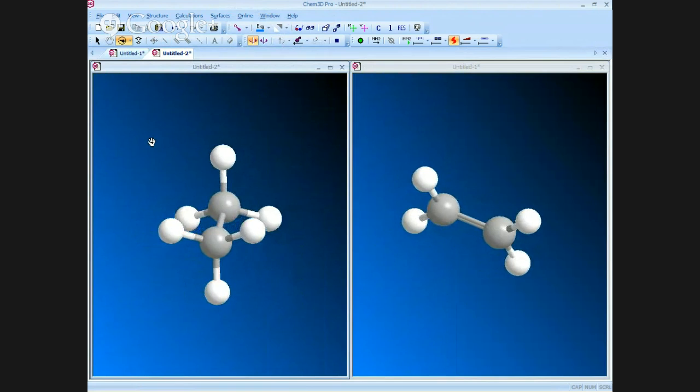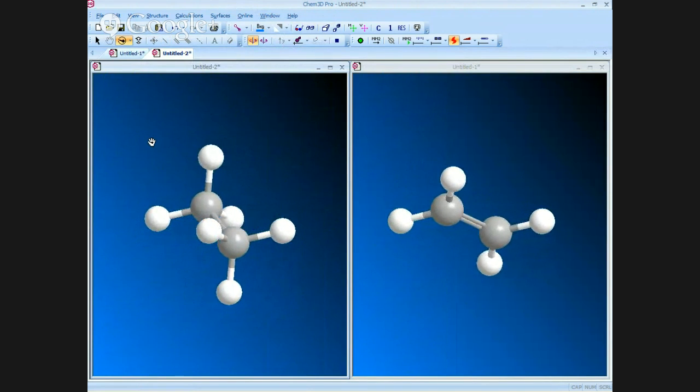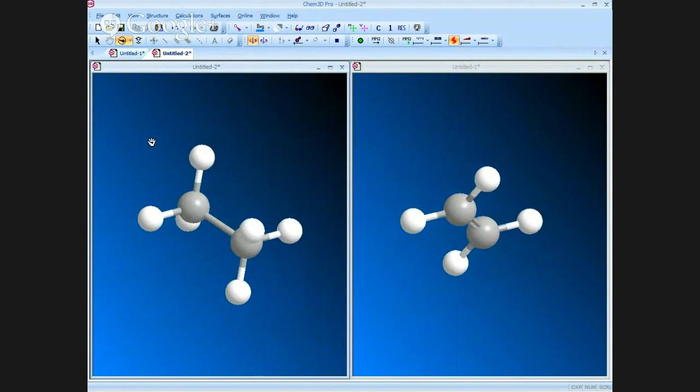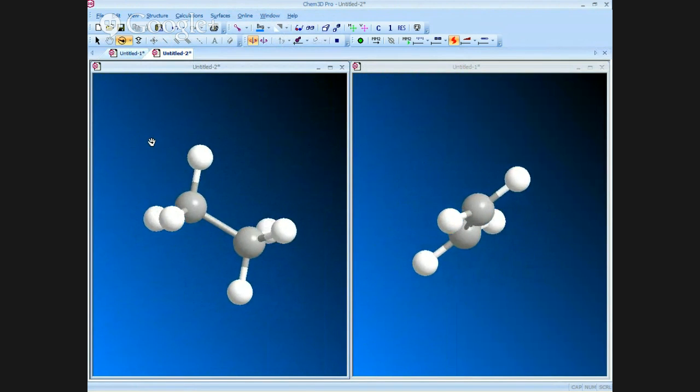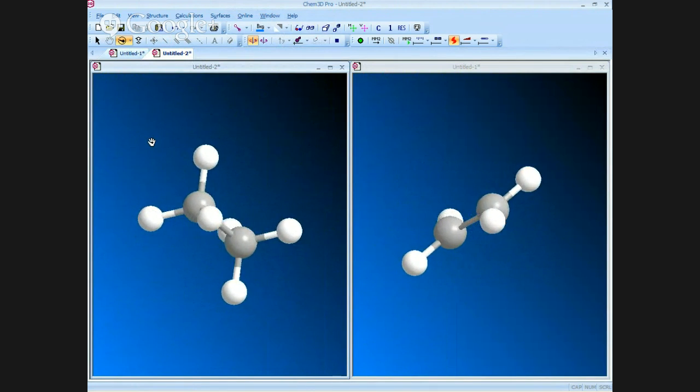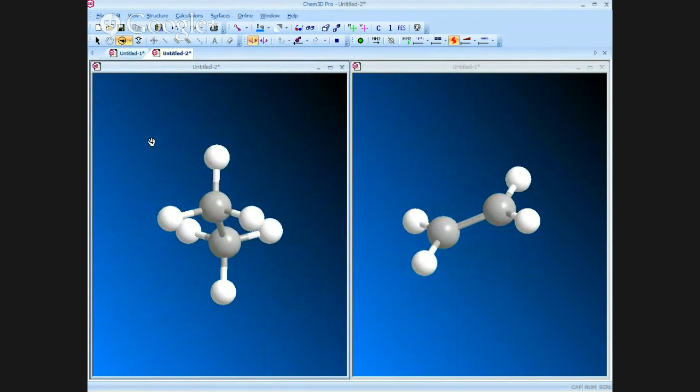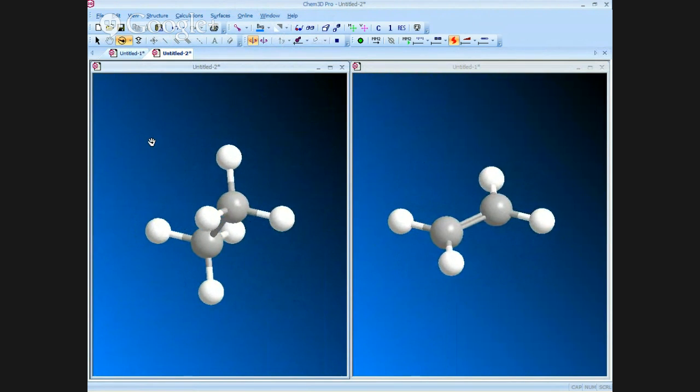It may be a little too much for my computer to handle, but we'll see. But you can see clearly the difference in geometry, and that's really the important. Well, all the differences are important here. But you see the difference in geometry, you see the difference in the number of hydrogens.